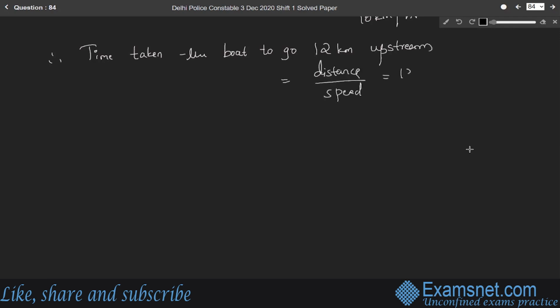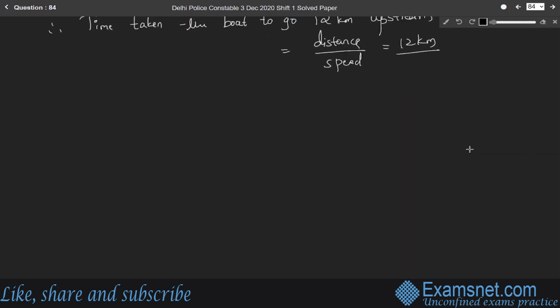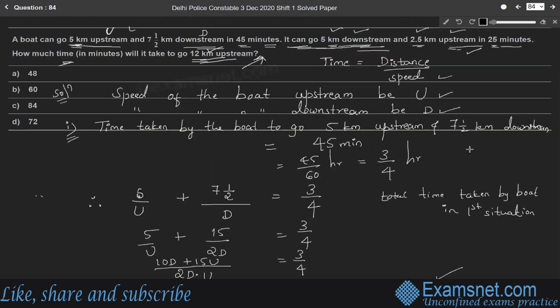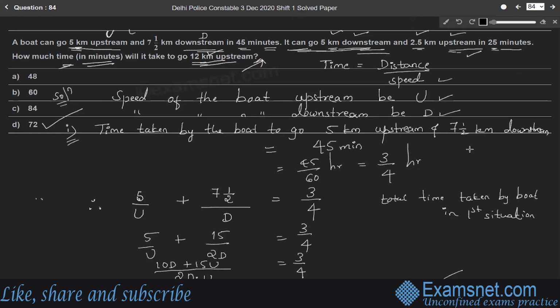The distance is 12 kilometer. What is the upstream speed? Speed of the boat upstream is 10 kilometer per hour, right? So the time is 1.2 hour. In the question, it is asked to convert the time into minutes, right? So 1.2 hour is nothing but 1.2 into 60 minutes, which is 72 minutes. Therefore, the answer is 72, option D.